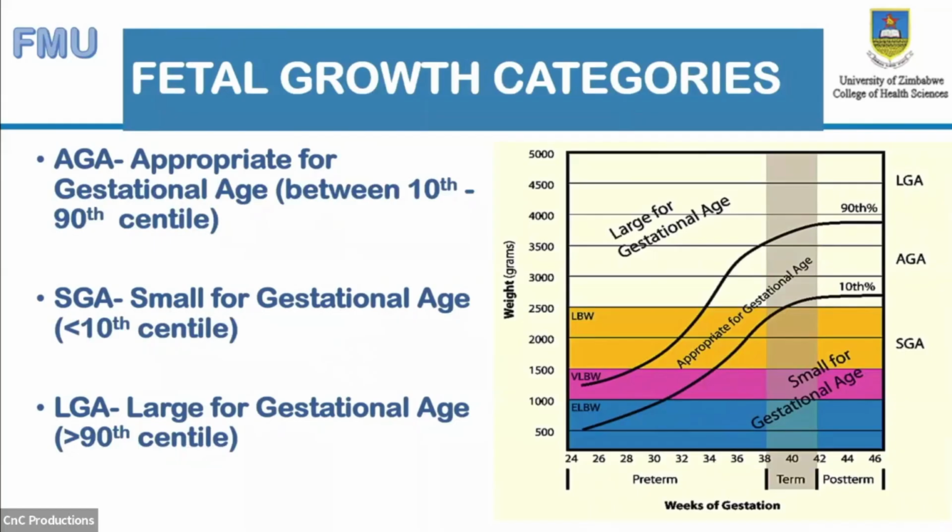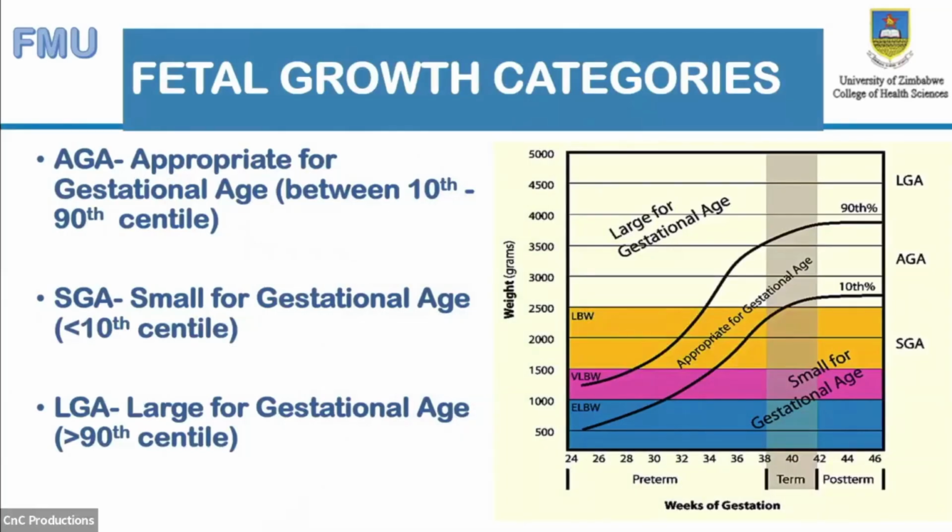So I'll talk about the fetal growth categories. We've got 3 main categories of growth. Remember, we now have a gestational age, and now we are assessing growth in subsequent scans. So we've got what's called appropriate for gestational age, which is the widest range, from the 10th percentile to the 90th percentile.